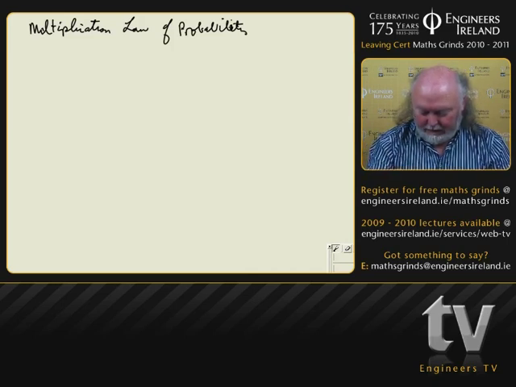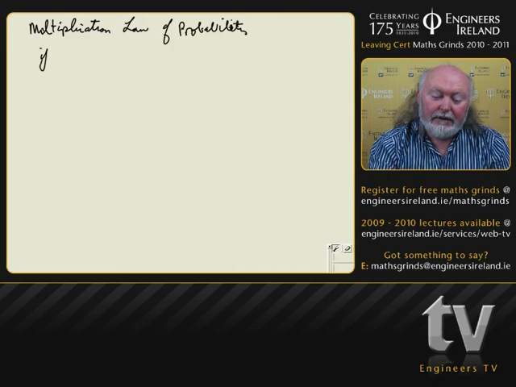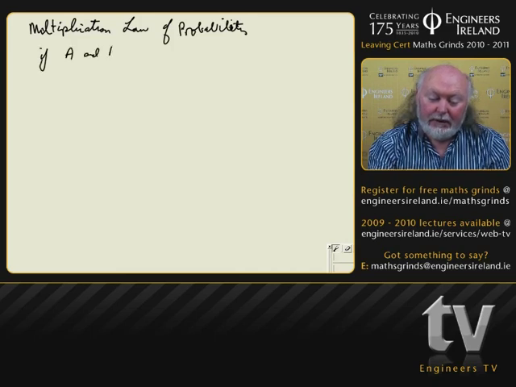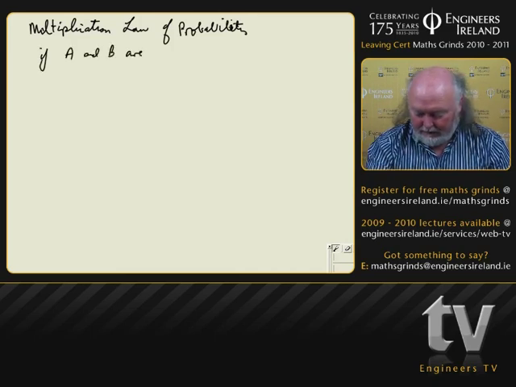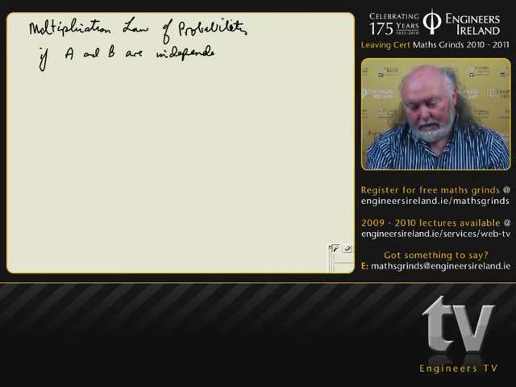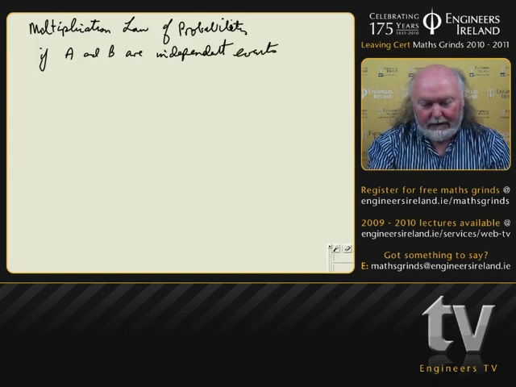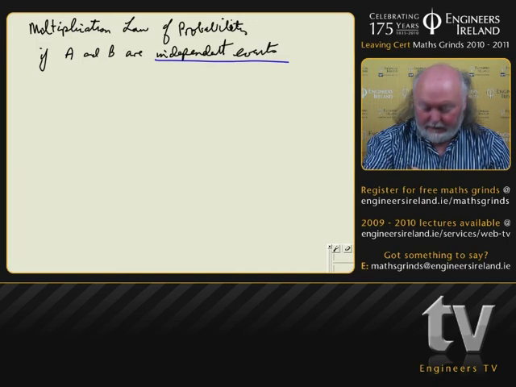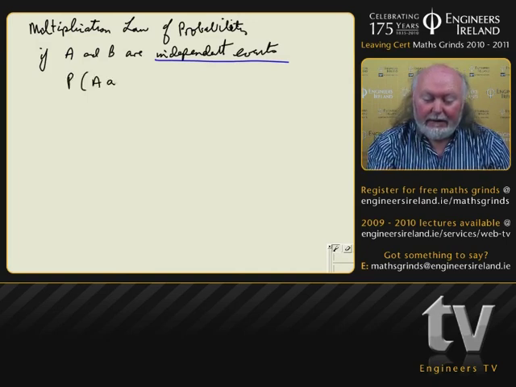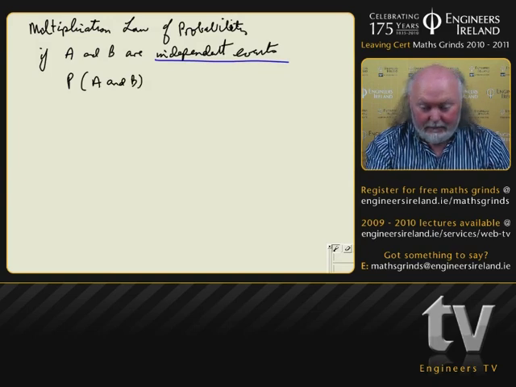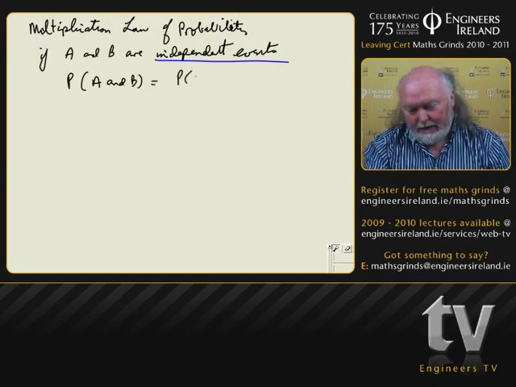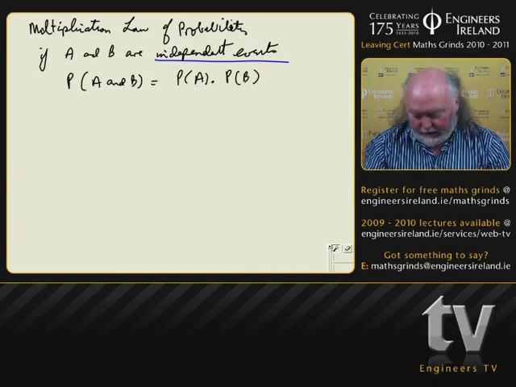It's basically written as this: if A and B are independent events, and that is really important, they have to be independent events, we can say the probability of A and B occurring is equal to the probability of A occurring multiplied by the probability of B occurring.